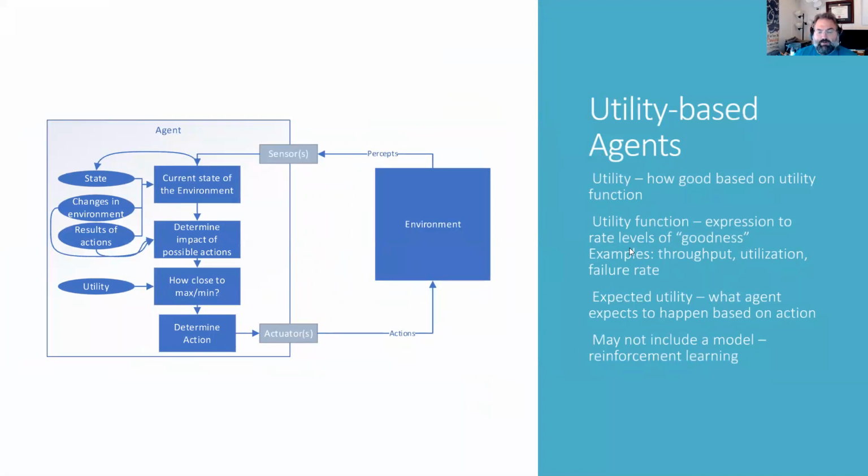So there may be the real utility that is realized by having done something. It may not include a model, and that's when you go into the realm of reinforcement learning, where there's not necessarily a predefined model that controls how things are going to behave. It figures it out on the fly based upon what it observes.